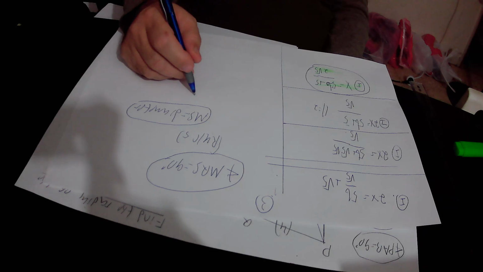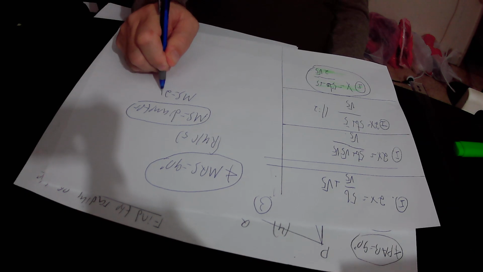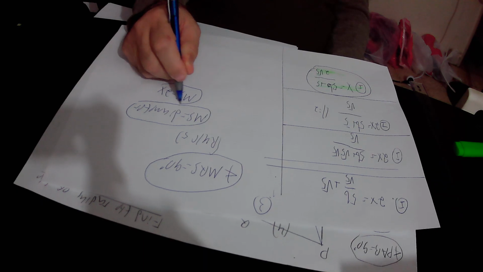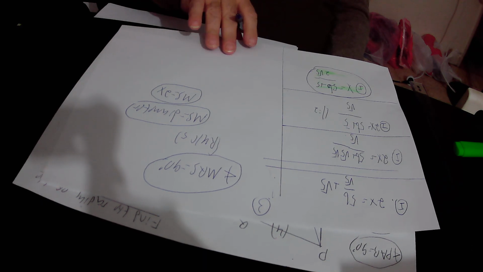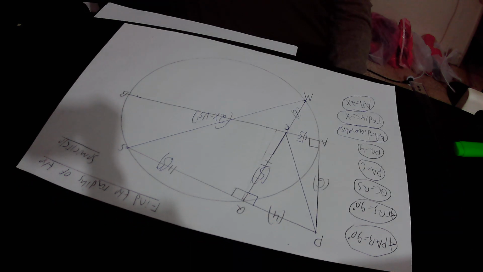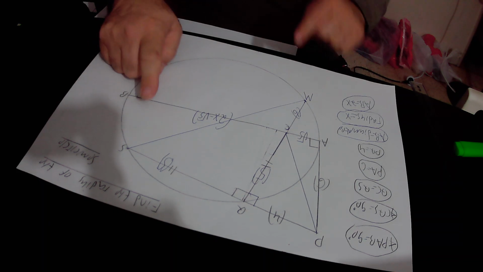So here, MS equals 2x. It's twice as long as the radius. Repeat again: MS is the diameter of the circle and it equals 2x units in its length.